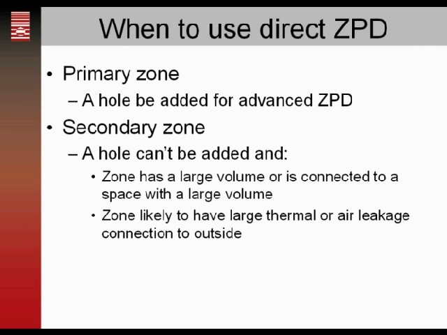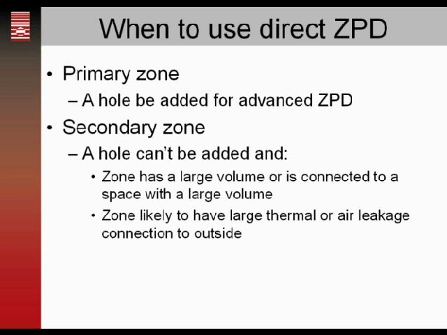A secondary zone is where a hole can't be added, but it's a zone that has a large volume or is connected to a space with a large volume. An example of that might be stud cavities that we suspect are open into a drop soffit, which we suspect is open into an attic space. Then it might make sense to do some direct zone pressure diagnostics.